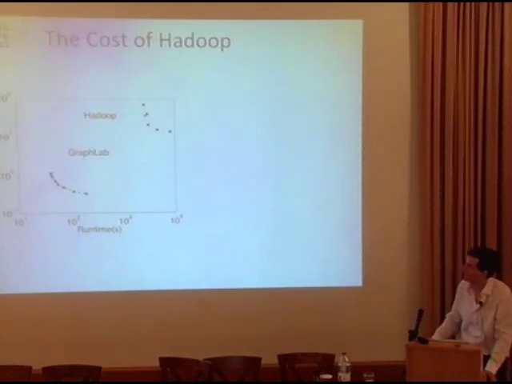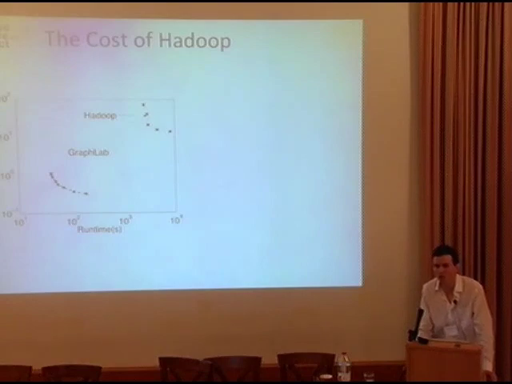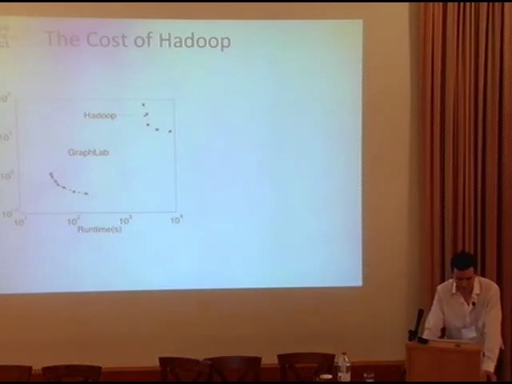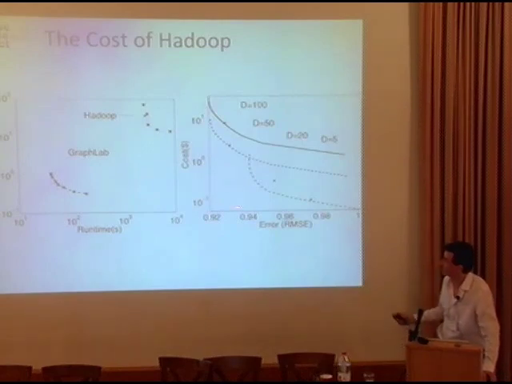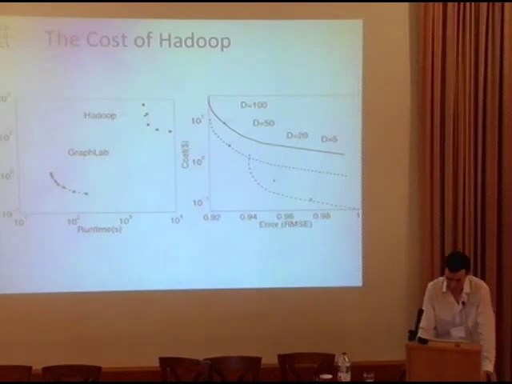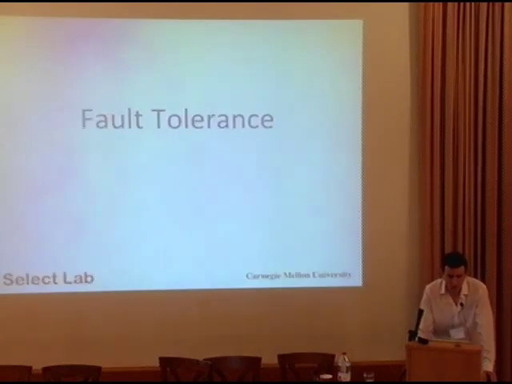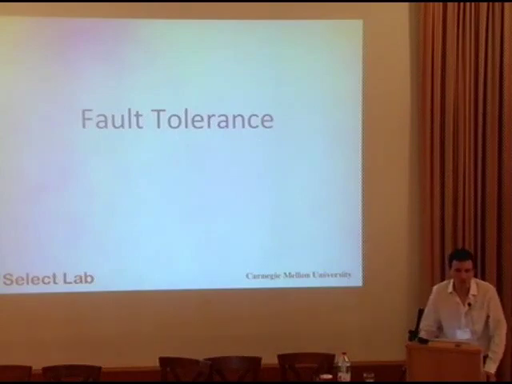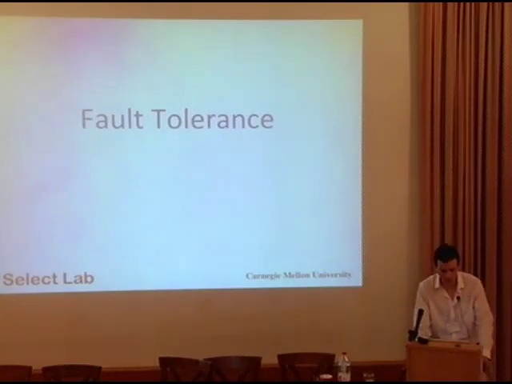GraphLab being about 2 orders of magnitude faster than Hadoop means you pay about 2 orders of magnitude less to solve your problem than you would pay with Hadoop. And you can also explore the trade-offs of cost versus error. So if you have a particular accuracy, you can look at the model complexity you'd use and how much you would be paying.